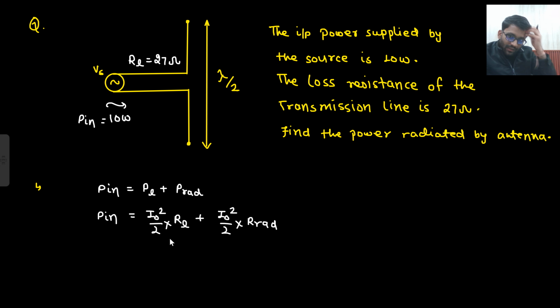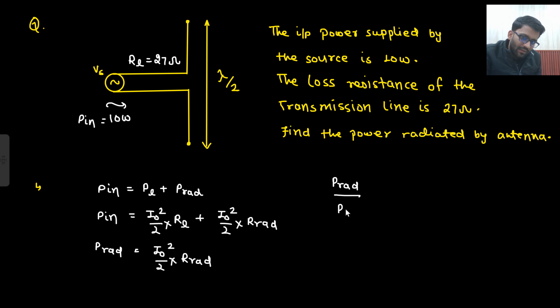Now I can write down the P radiated equation. P radiated is I naught square by 2 into R radiated, right? Now let's find P radiated divided by P in.